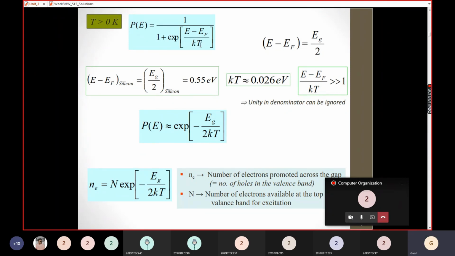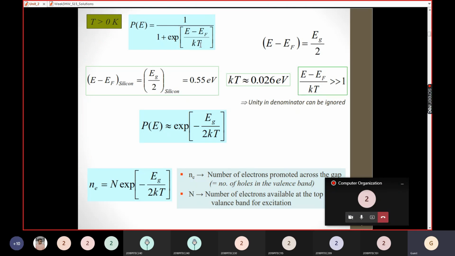I repeat again, the expectation of probability P of E is given by the formula 1 divided by 1 plus e power (E minus EF). E means 1 electron volt, minus the Fermi energy that you have observed when the electron is not paired with a particular hole, divided by K into T.